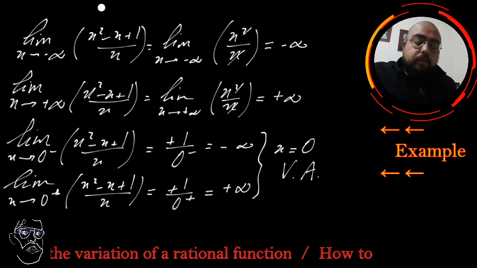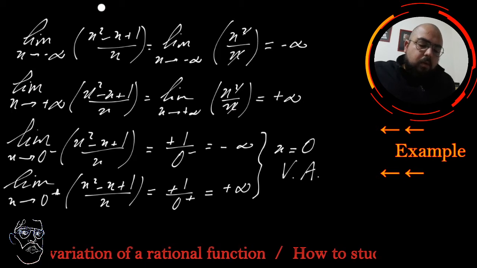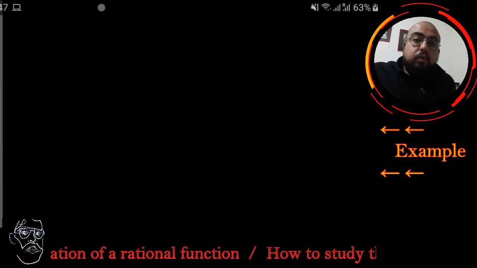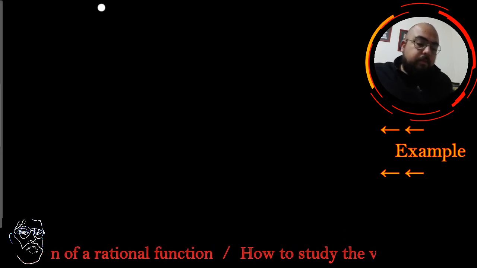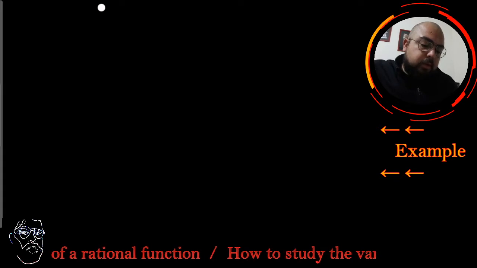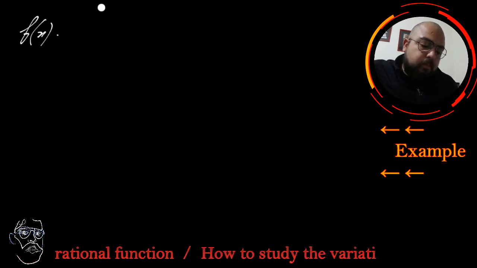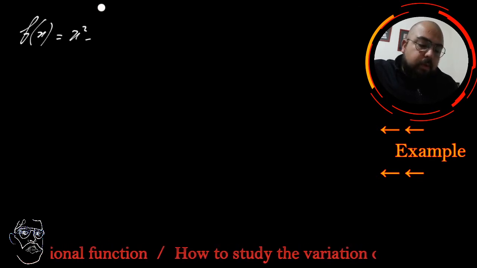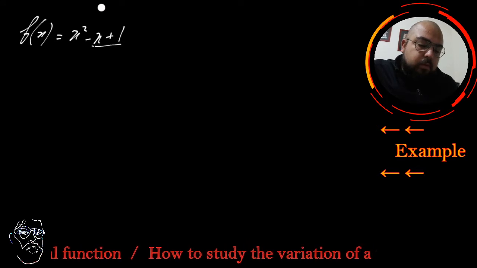X is equal to 0 is a vertical asymptote. After studying the limits, I can go and study the derivative, calculate the derivative. So my function is x squared minus x plus 1 over x.